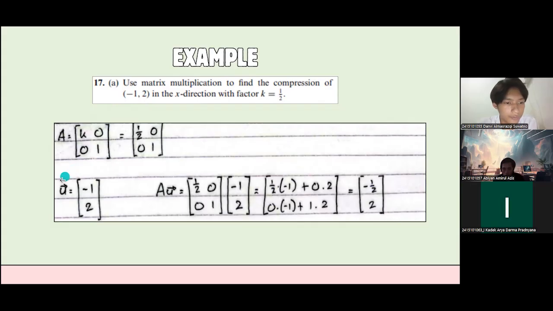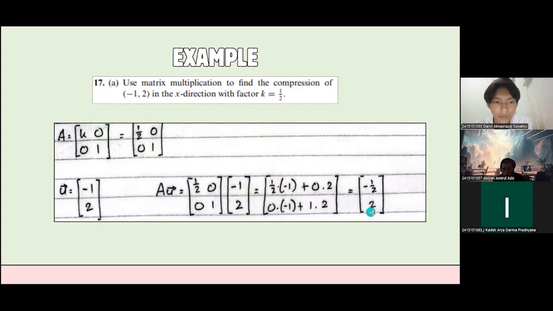So we have the vector here, minus 1, 2. We just have to multiply it with the matrix that has already been substituted with k. Then there is A and vector u. We multiply them.